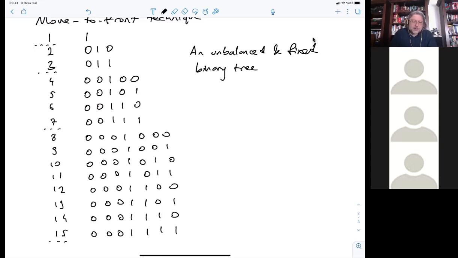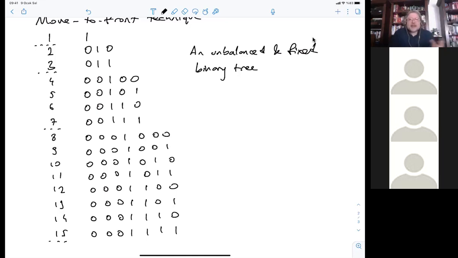Now, move to front works as follows. It counts the symbols as they arrive, and as the symbols arrive, it counts them. The more frequent ones will be moved or pushed to the top, so that they will now be represented with fewer bits.